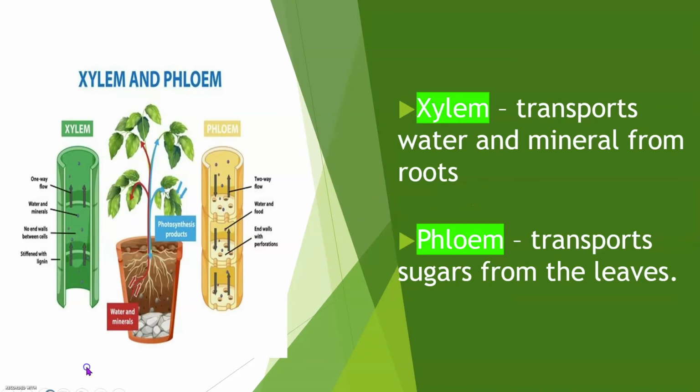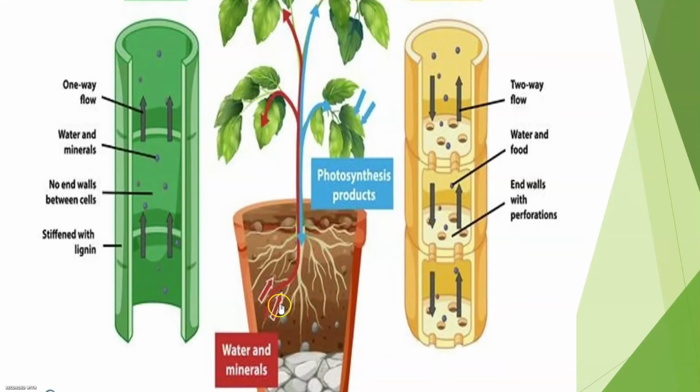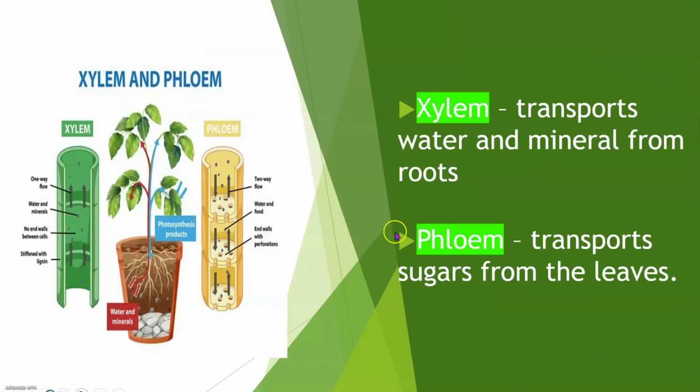As we can see in our picture, xylem, or the red arrows, the red lines, will take the water and minerals from the roots going throughout the plants. Now phloem. Phloem transports sugars from the leaves.